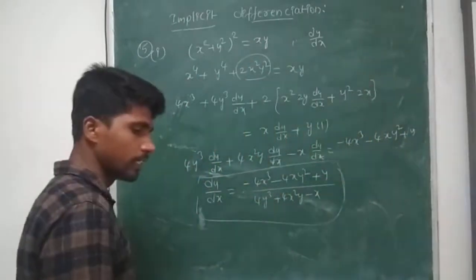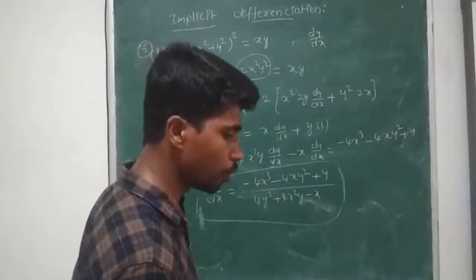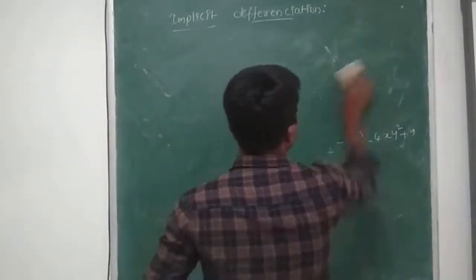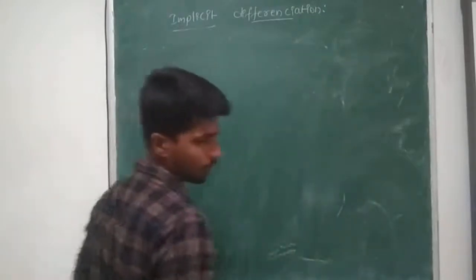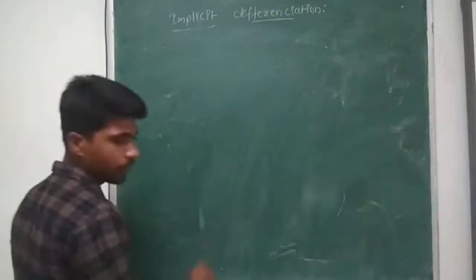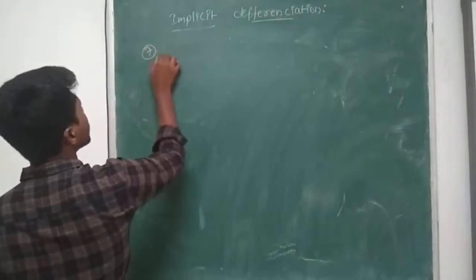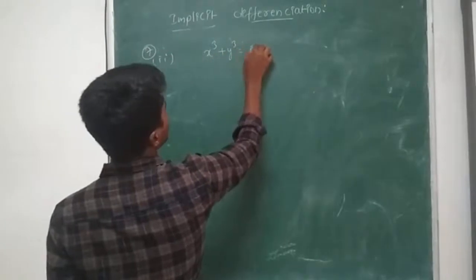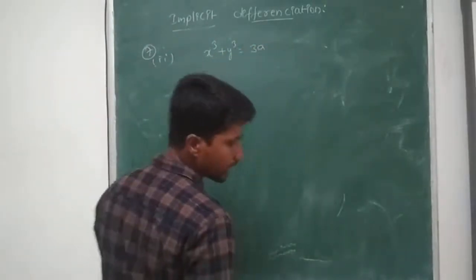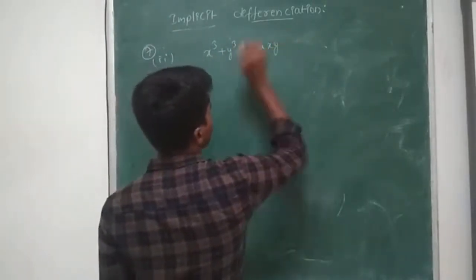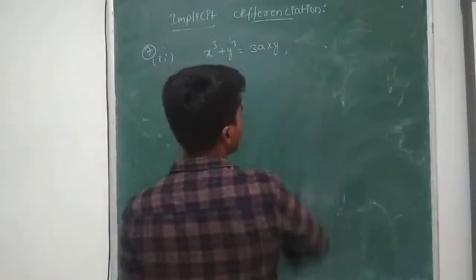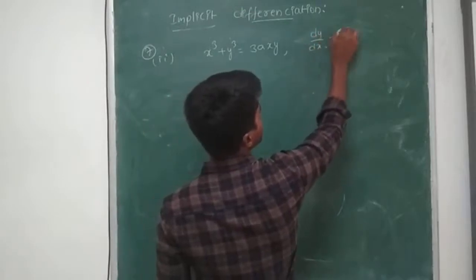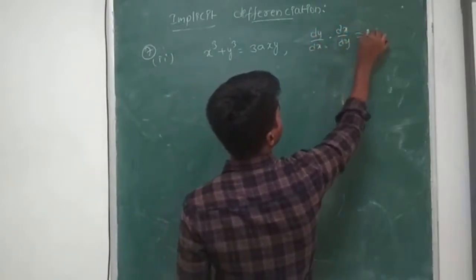Prove that dy by dx into dx by dy equals 1. The second one: x cube plus y cube is equal to 3axy. Now they asked us to prove dy by dx into dx by dy is equal to 1.